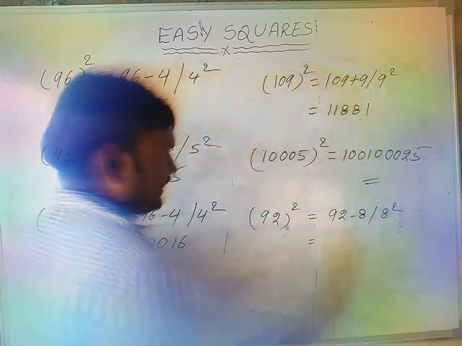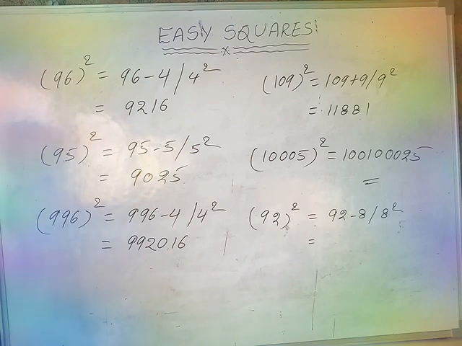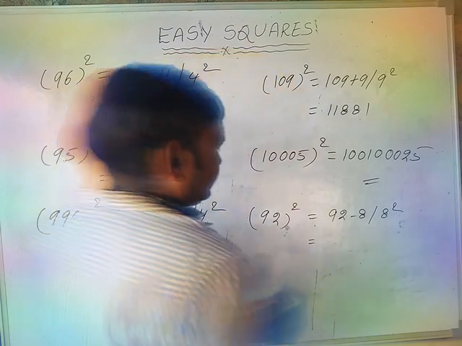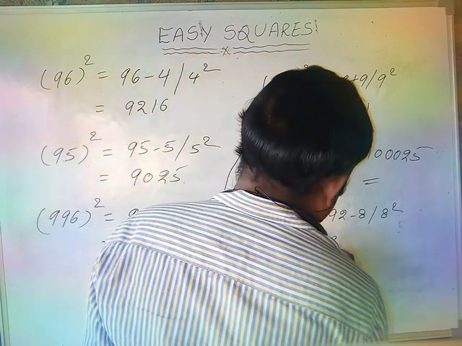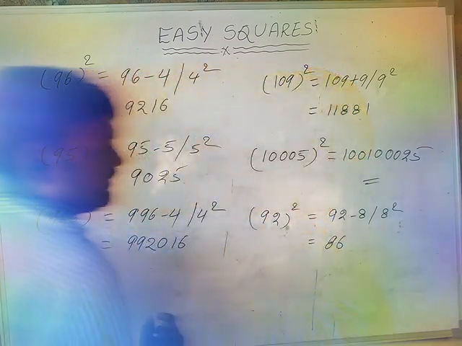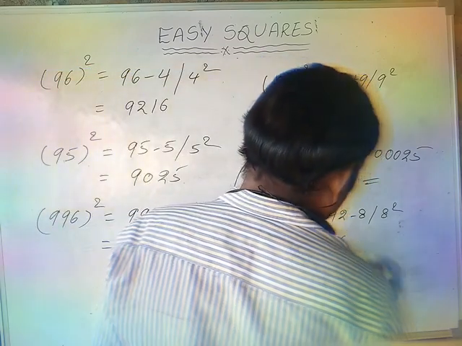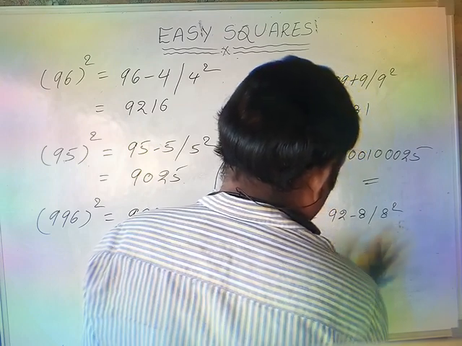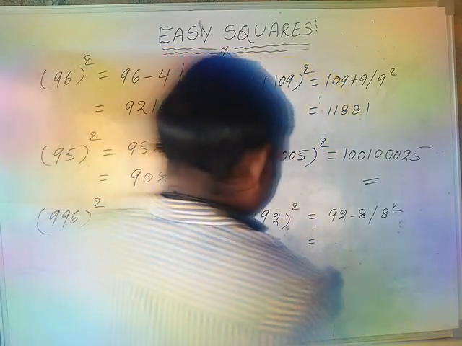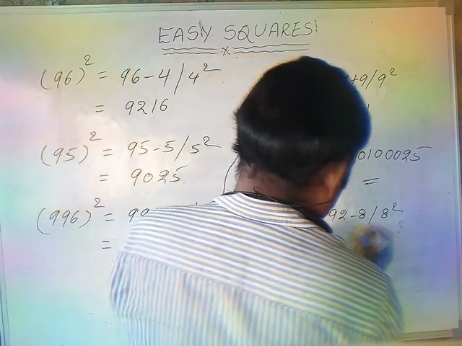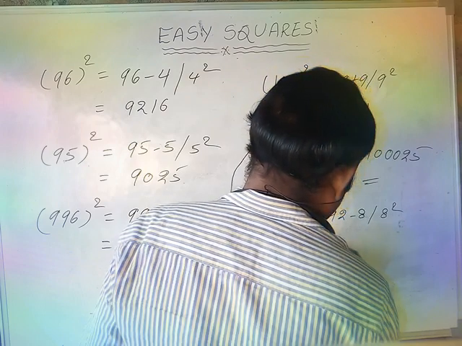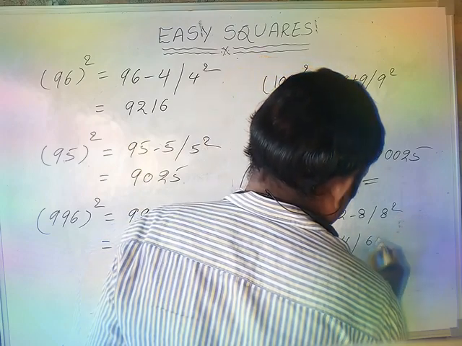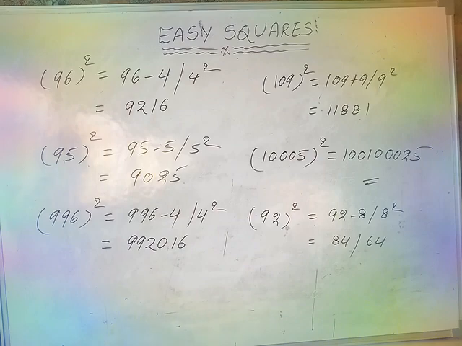This is equal to 92 minus 8. 92 minus 8, 84. 8 square means 64.